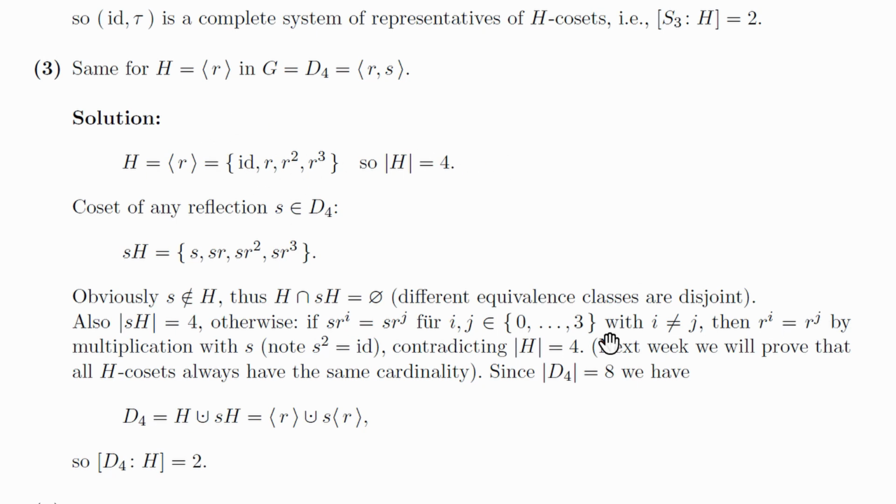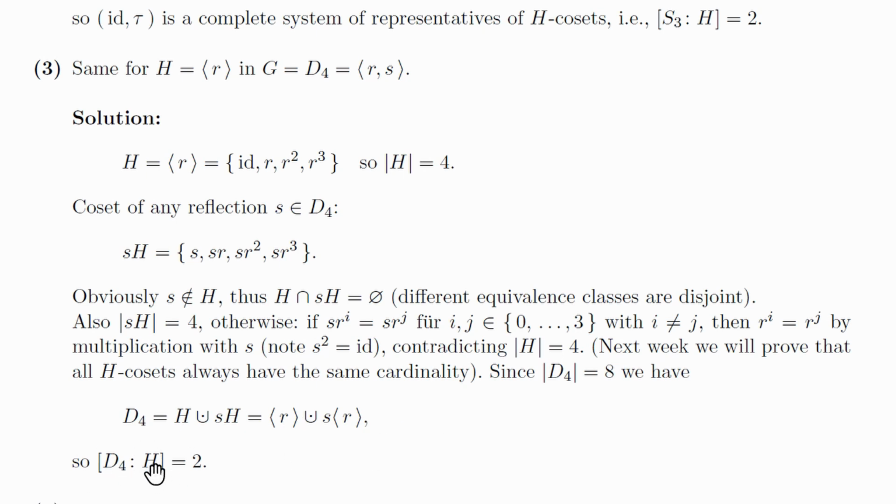And yeah, next week we're going to prove, which is actually pretty easy, that all the cosets are of the same cardinality, so we don't need this involved argument after we know that. And now I have a coset with 4 elements and another coset with 4 elements, which are disjoint, and since D4 only has 8 elements, it follows that D4 is the disjoint union of those two cosets.